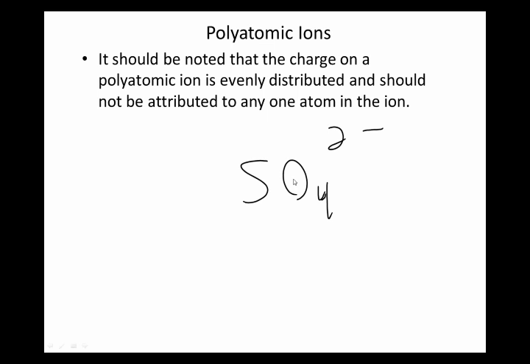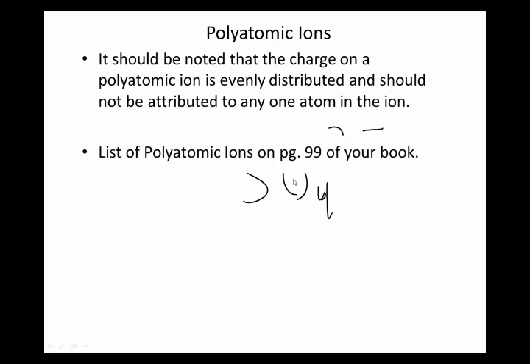It has a -2 charge. That charge doesn't belong to any one atom. It's just evenly spread throughout the molecule and throughout the ion. In reality, the electrons are moving around really quickly, so it's hard to track exactly where they belong.